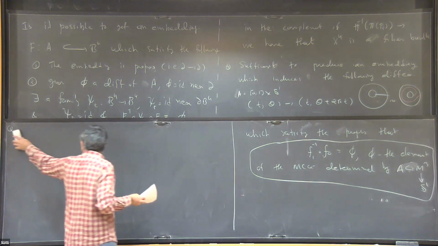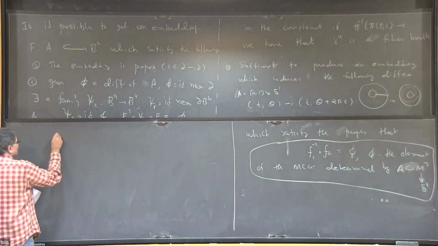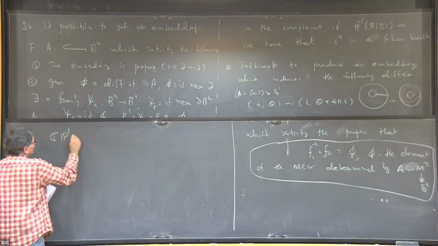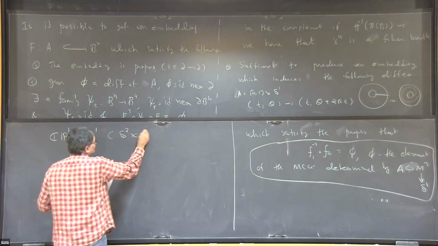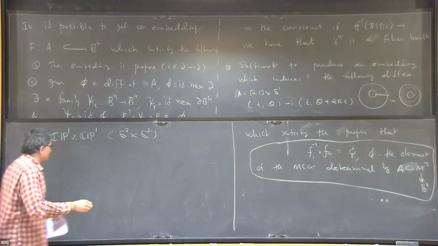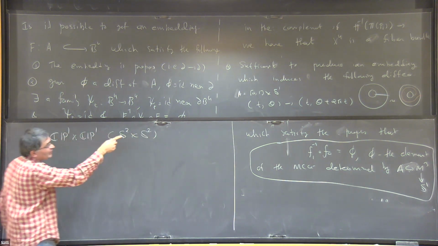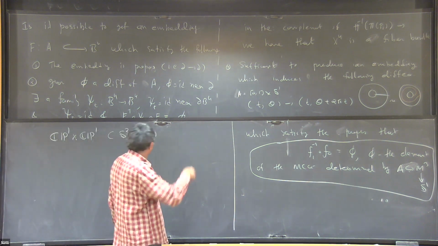So you take CP1 cross CP1, just nothing but S2 cross S2, and you want to produce an embedding of a genus g surface that has that property.